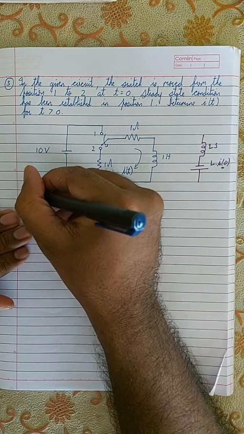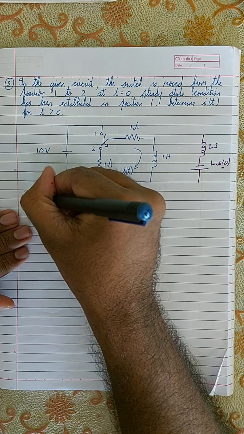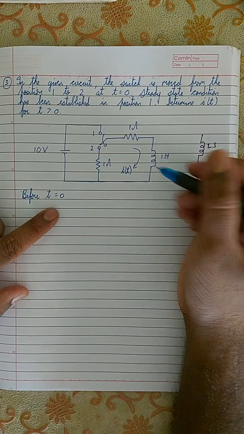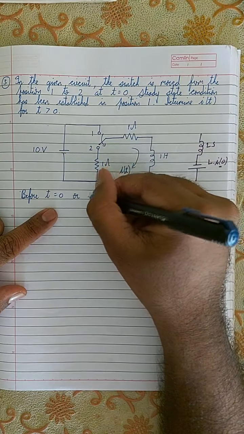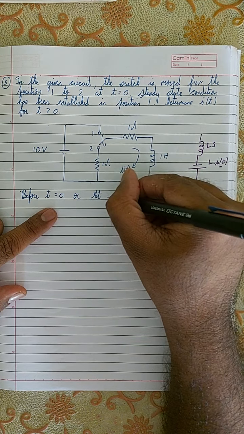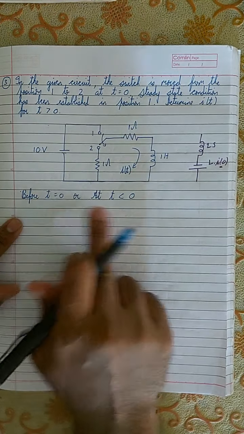That is, at t equal to 0 minus, or before t is equal to 0. You can either write it like this, or you can write at t less than 0. These two statements are correct. You can write any one of these two.